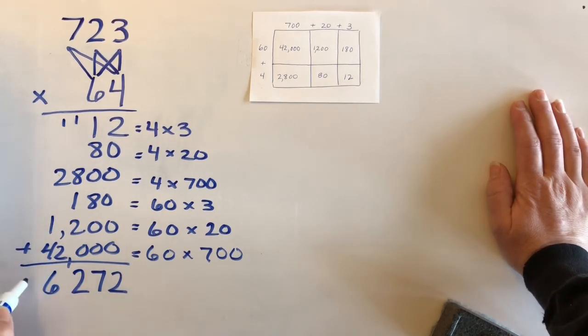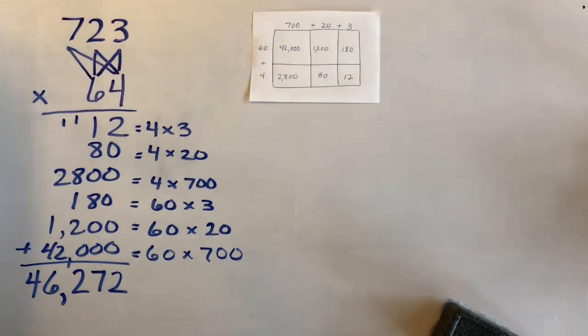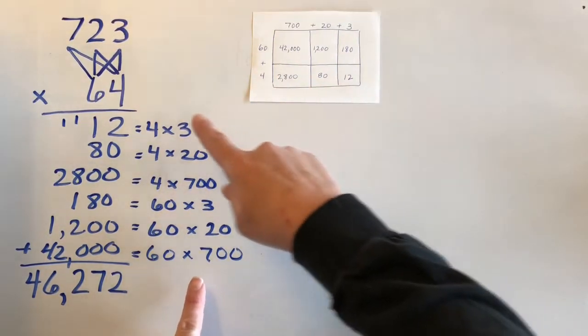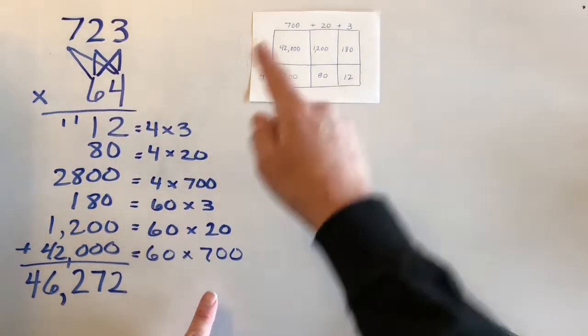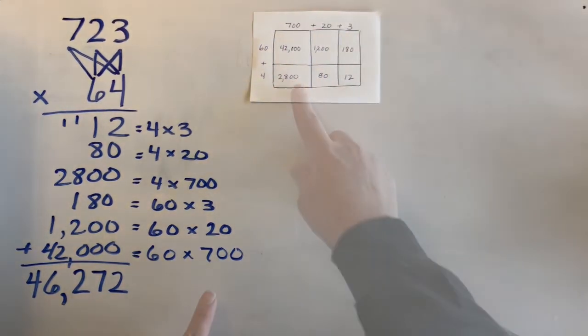And then I only have a 4 in the front. So the answer is 46,272. Now, what I do want you guys to remember or realize is, if you notice, all these problems that we did and all these solutions or partial products were the parts in our array model or our area model.